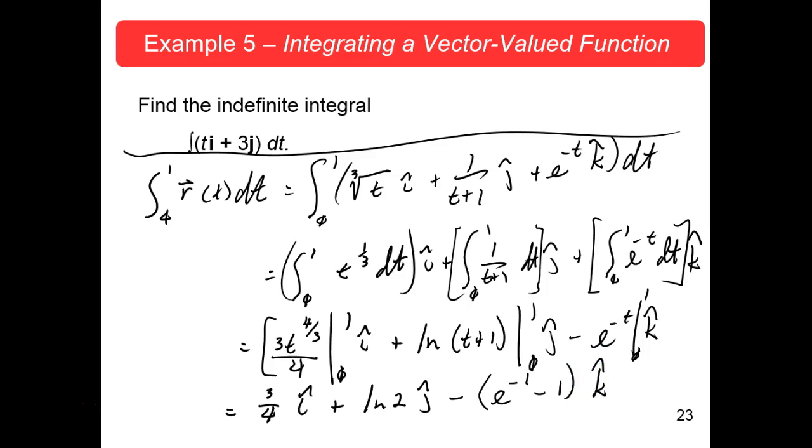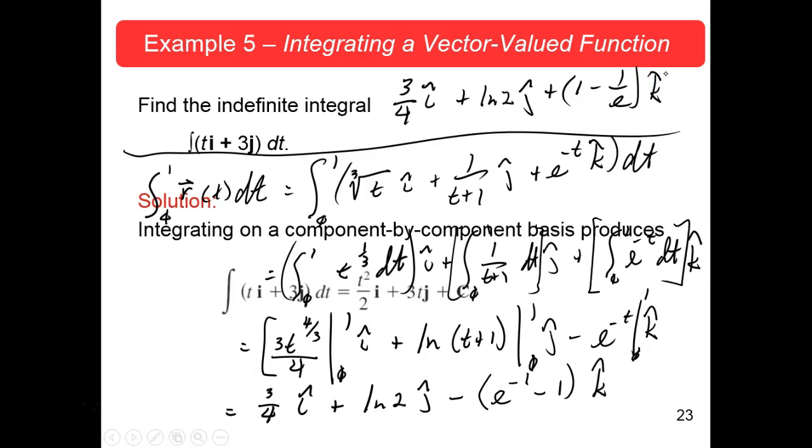But you can rewrite that ever so slightly as 3/4 i plus log 2 j, and then just reverse the order of those and make it plus 1 minus 1 over e times k. What's that?